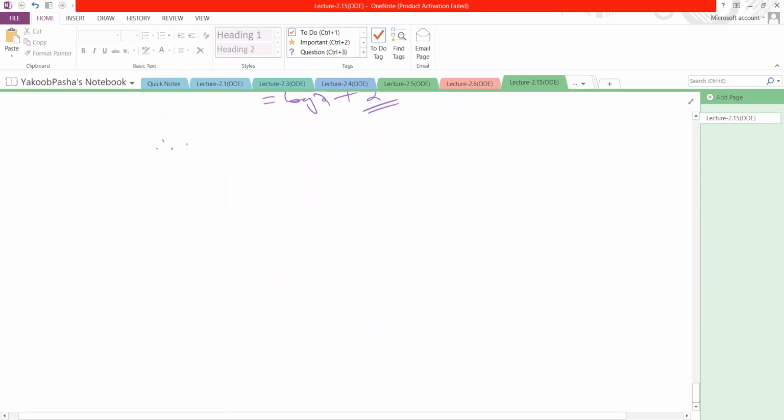Now we can write the general solution. Therefore, y is equal to yc plus yp. That is c1 x plus c2 x into log x plus log x plus 2, the particular integral. This is nothing but y of x.